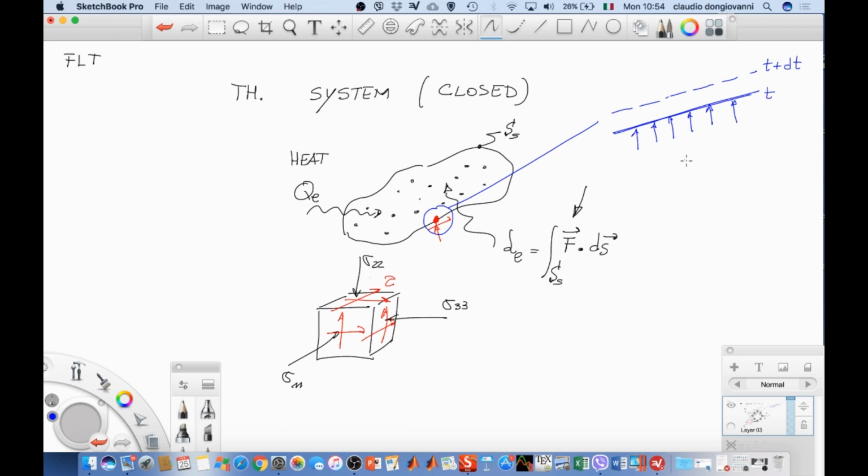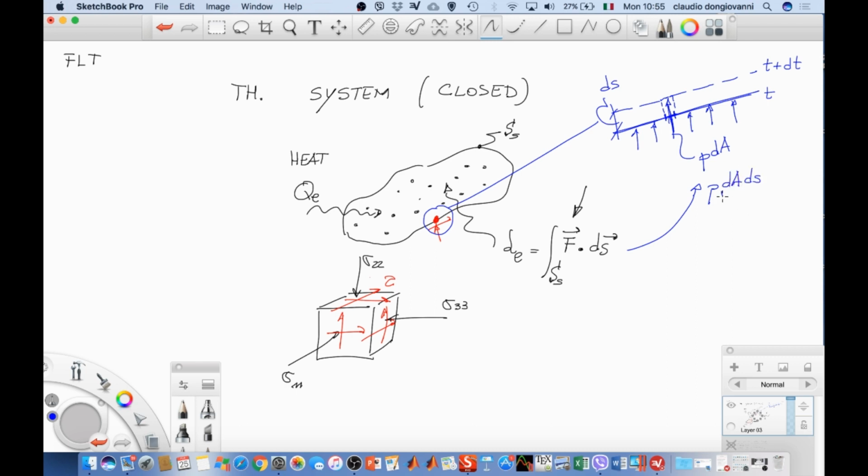And this will be our displacement. This is our force that is equal to P, the pressure, times A, the small surface. So this is the small force acting on this surface. And it moves by ds.